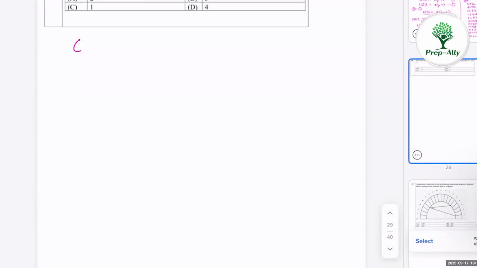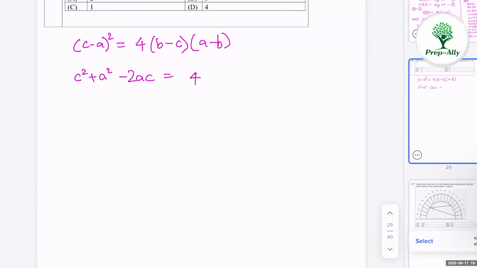So we have (c − a)² = 4(b − c)(a − b). If we expand this, we get c² + a² − 2ac = 4(ab + bc − b² − ac).